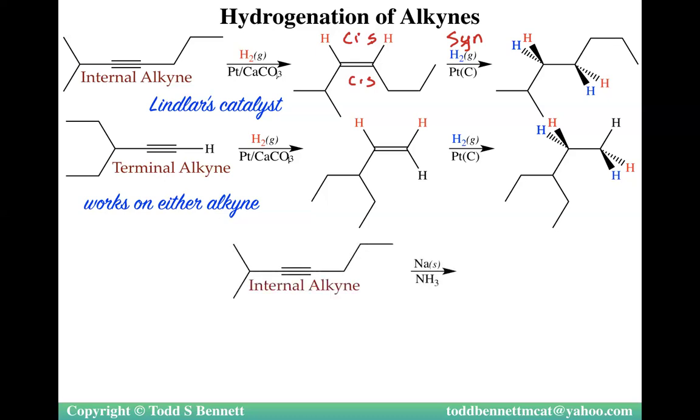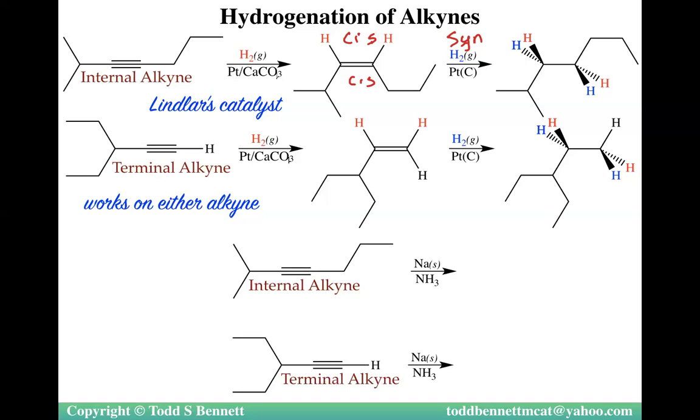Want to look at this? Same concept, hydrogenating, but if we use sodium metal in the presence of ammonia, we get this concoction where we have NH2 negative and Na plus to balance it out, and an H minus, a hydride. So we end up getting a hydride reaction which can interact with this pi bond.